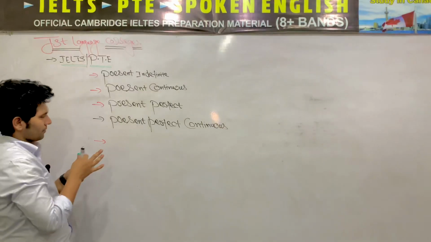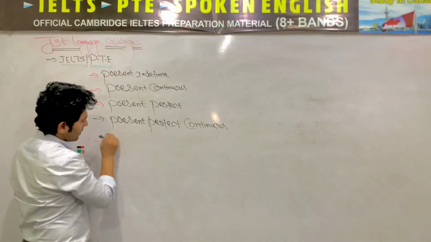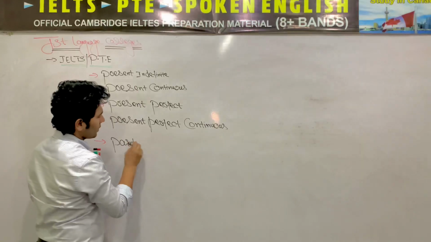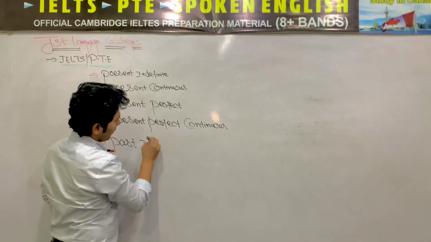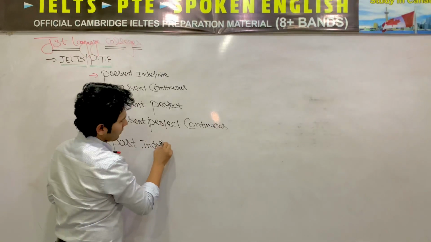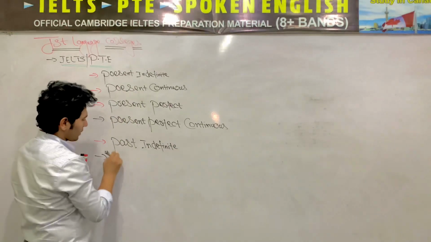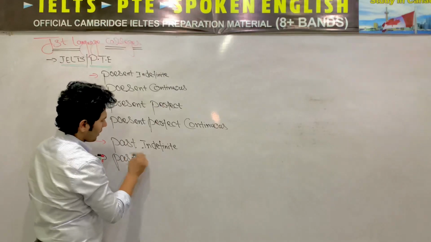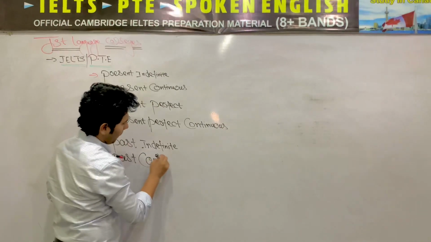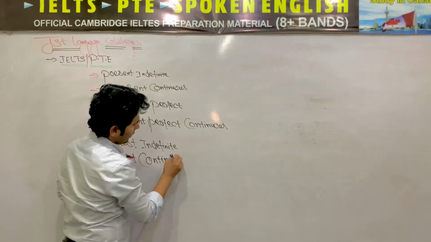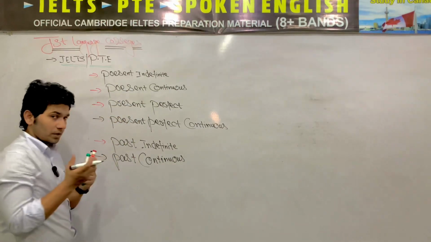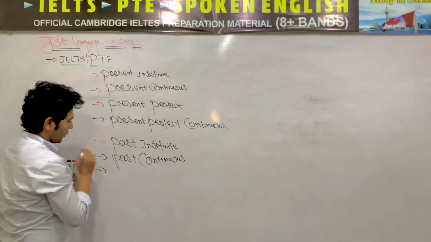Second, here we have past indefinite, also called simple past. Then we have past continuous, and here too we will see which kind of verb we have to use.